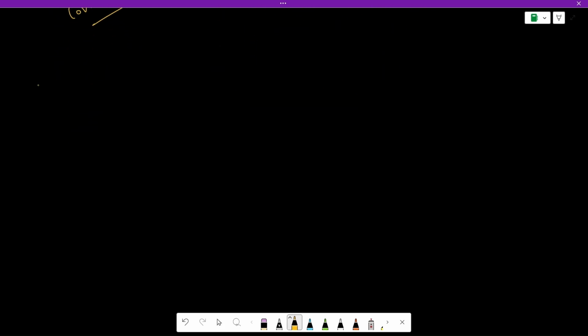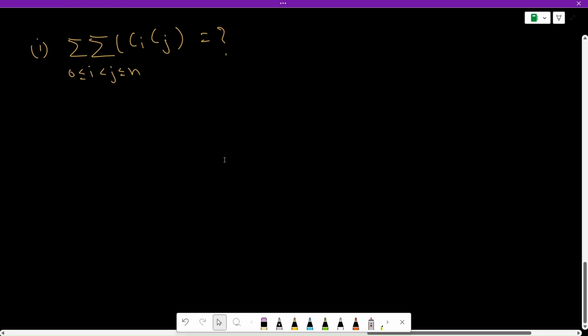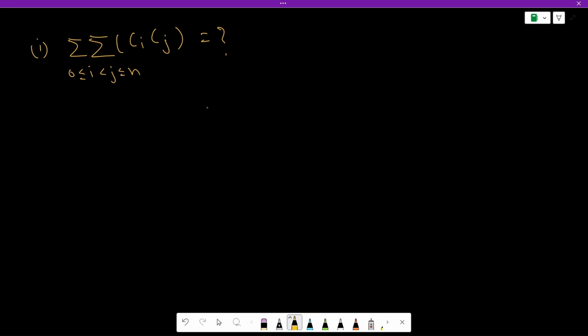So the question is, we need summation ci cj, where these are binomial coefficients and the limit is 0 less than or equal to i, less than j, and less than or equal to n. Now let's solve it. So to solve this, first we need to create the matrix.